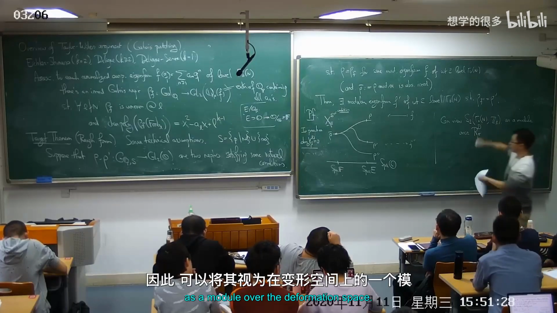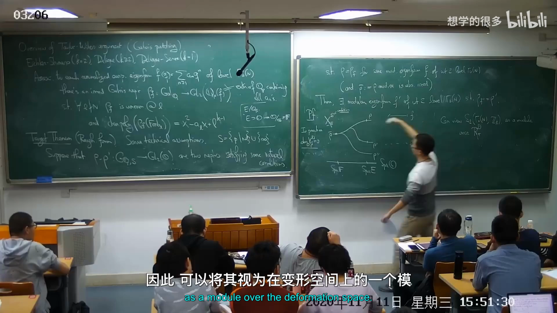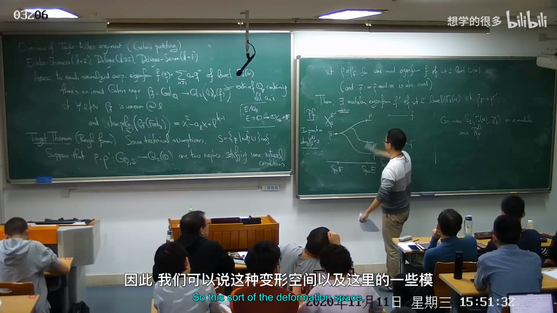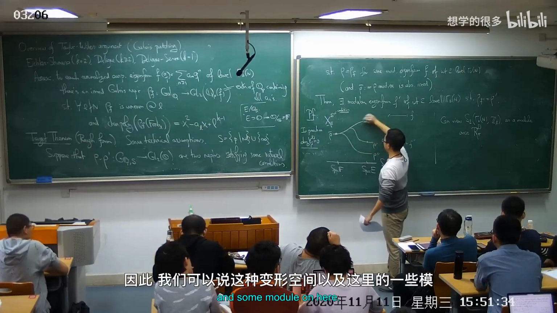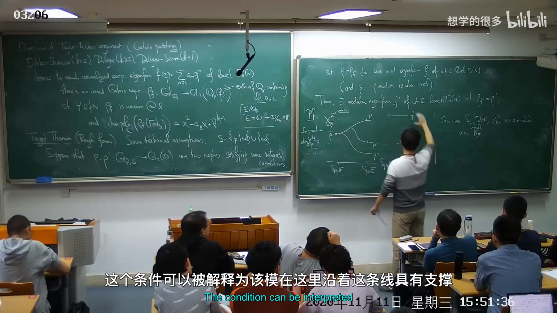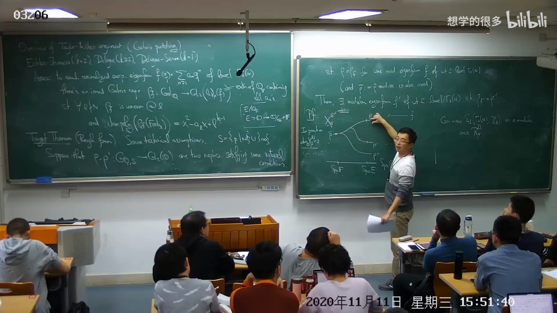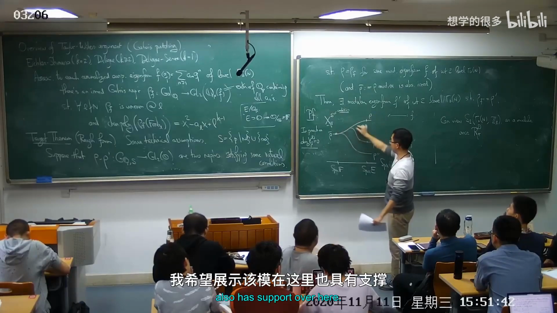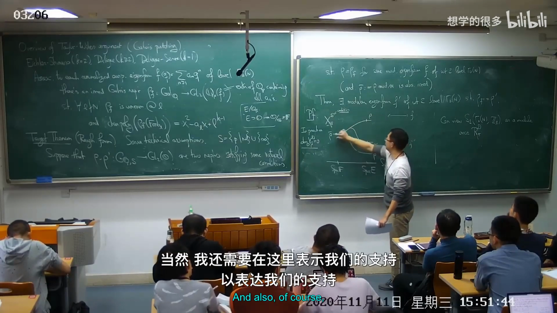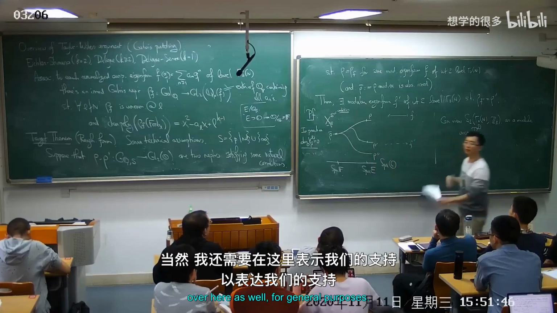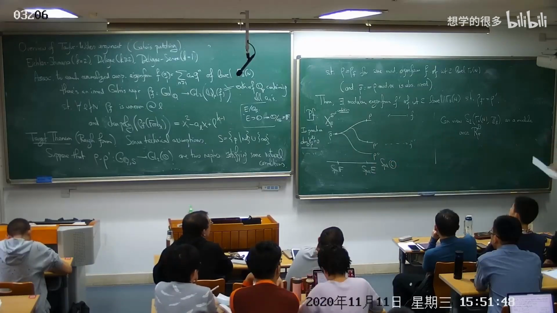So this can be thought of as a module over the deformation space. This is Spec of the deformation space, and this is a module on here. And the condition can be interpreted as this module has support along this line here, and I want to show that this module also has support over here. And also, of course, I have to show support over here as well for general purposes.